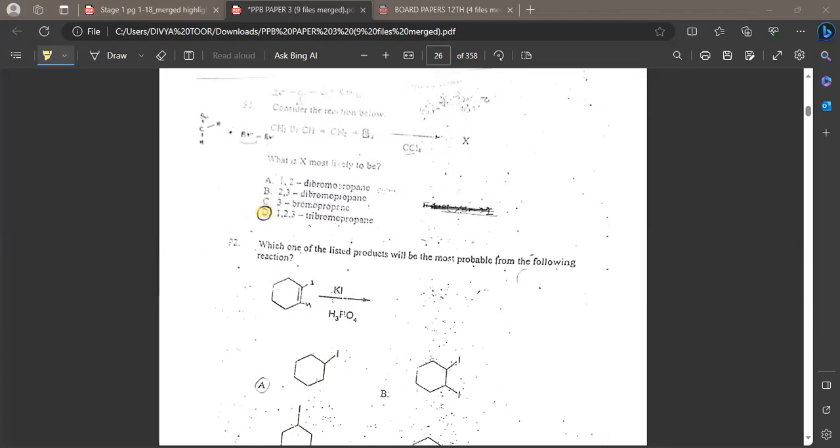Yeah, because with the double bond, 2 carbon atoms will have 3 bonds, and a carbon atom always has to have 4 bonds. So you have to add a bromine to each of the carbons with 3 bonds, that is the carbons which were bonded before by the double bond.